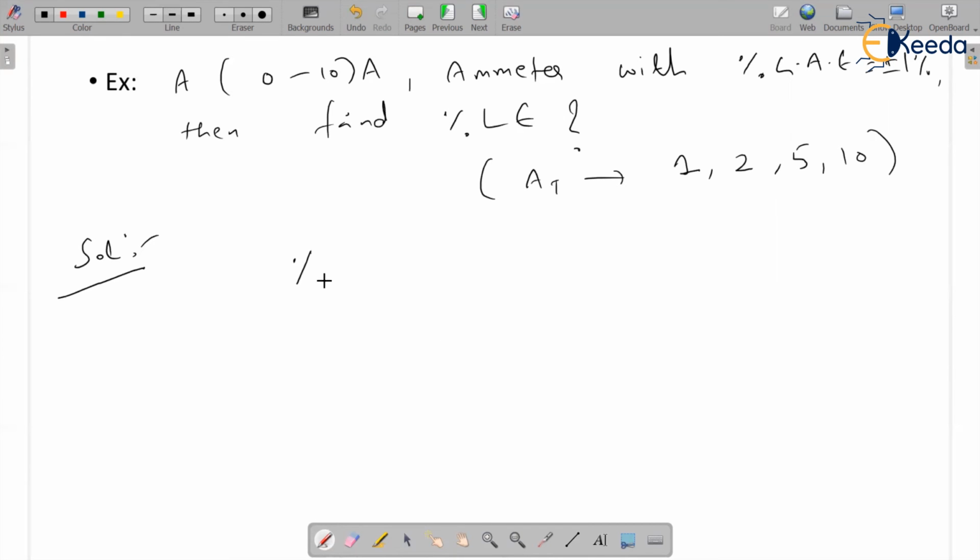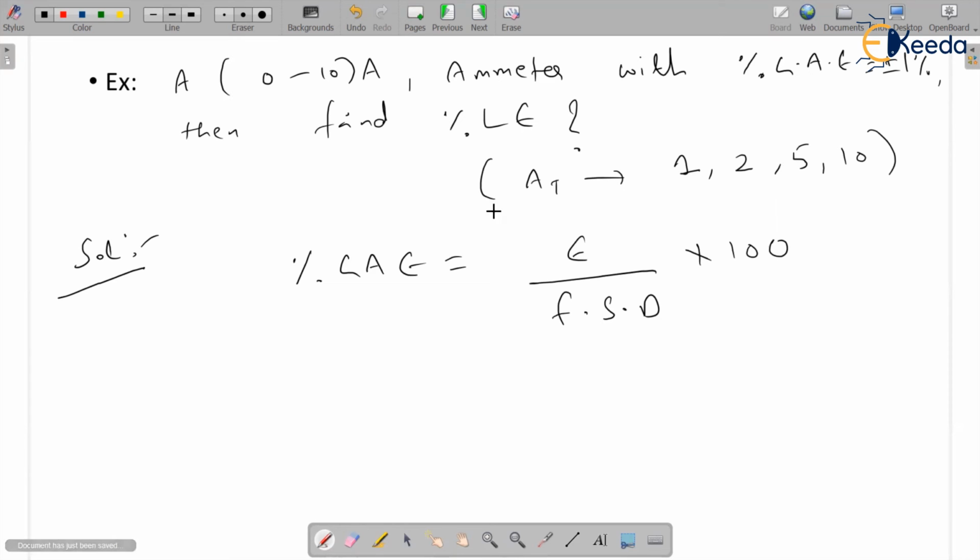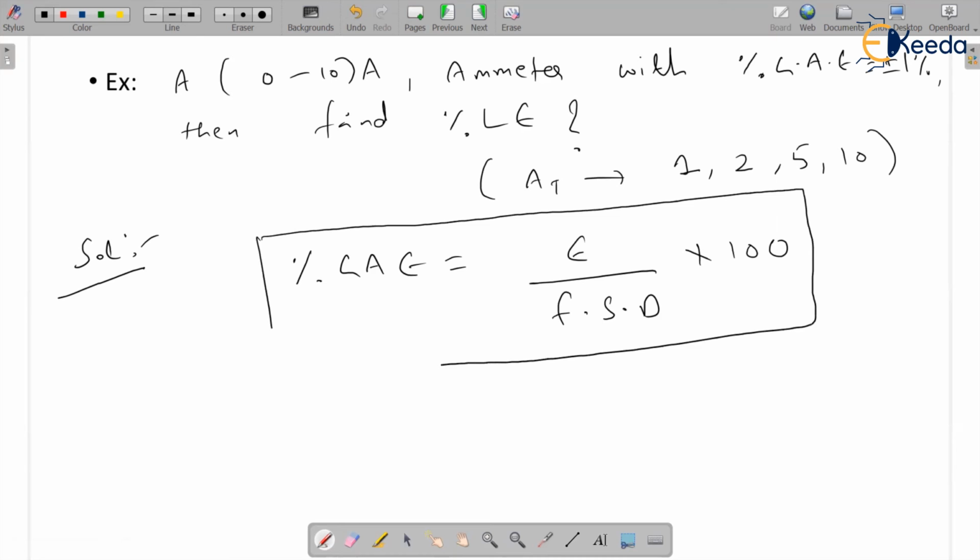What is our percentage GAE formula? Error with respect to FSD value into 100. Here the error is our limiting error.